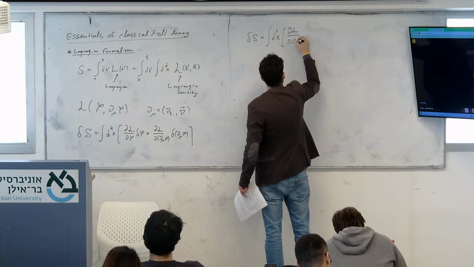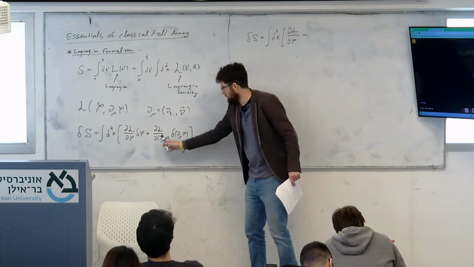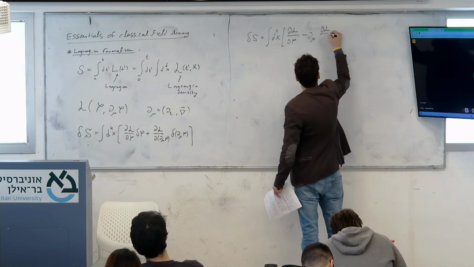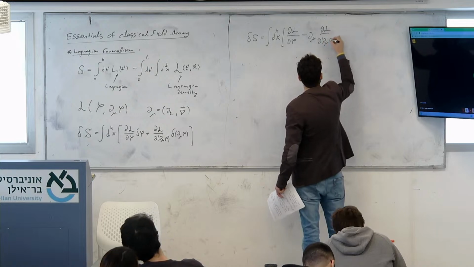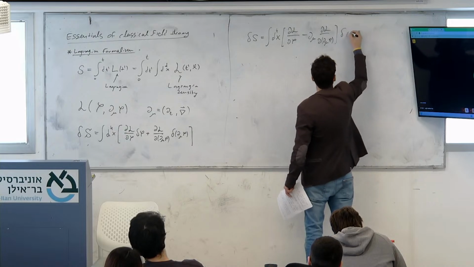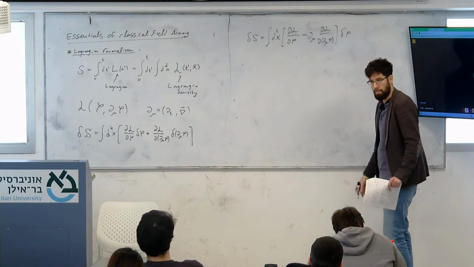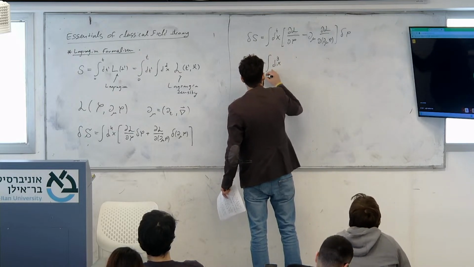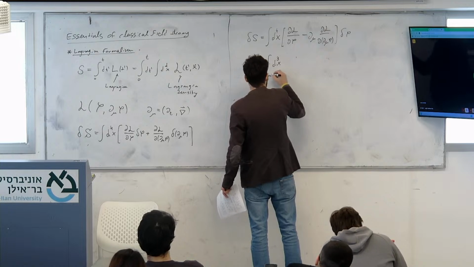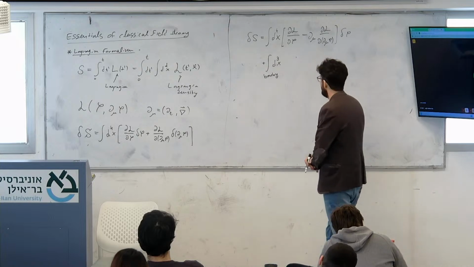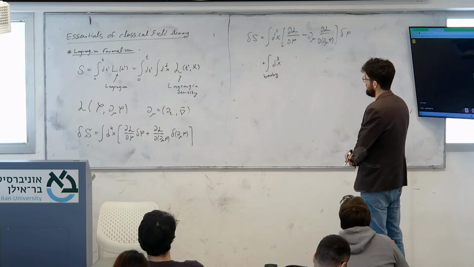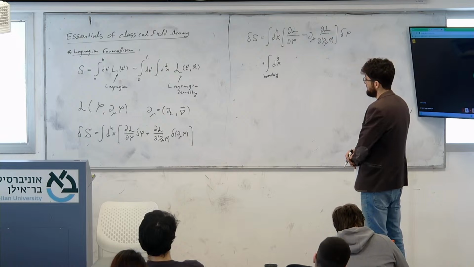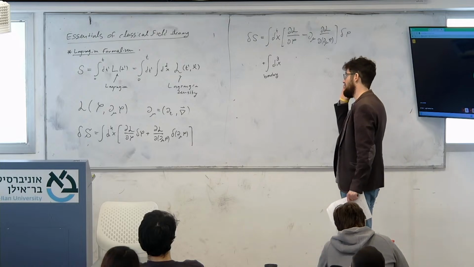dL, you guys can help me, minus, now I'm doing the integration by parts, so I get d mu dL to d mu phi. This whole thing is proportional to delta phi. This is the bulk term. And in addition to that, we have some boundary term, d3x boundary.